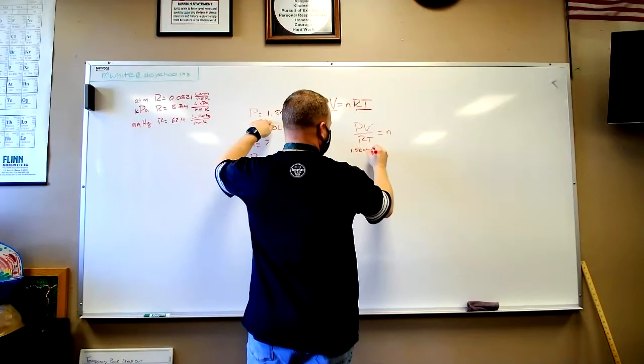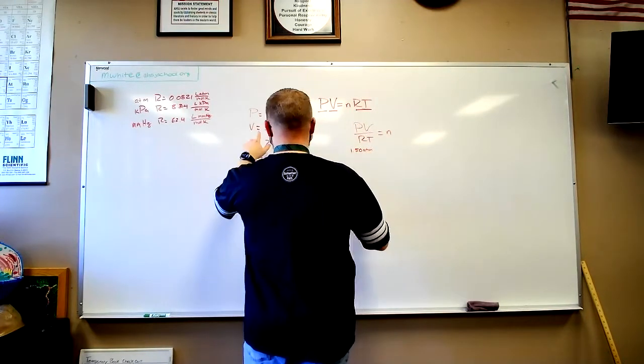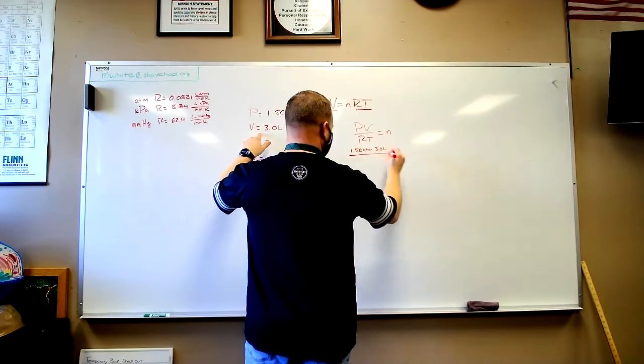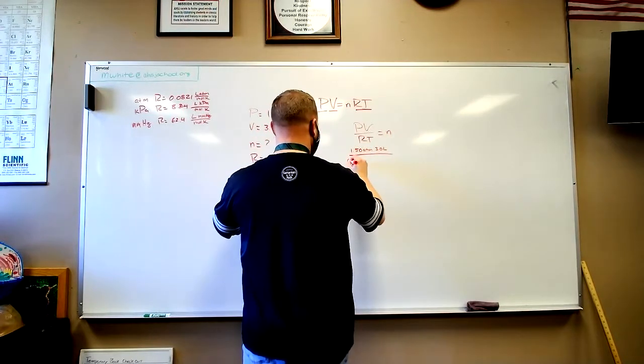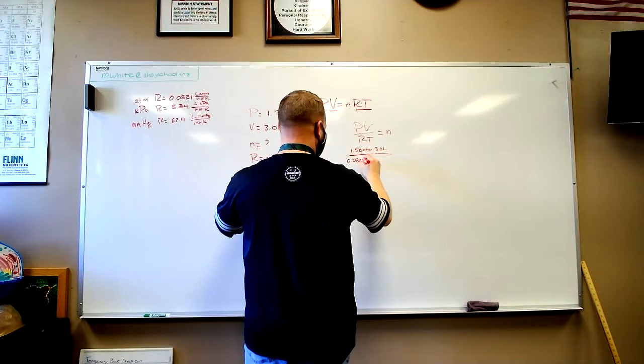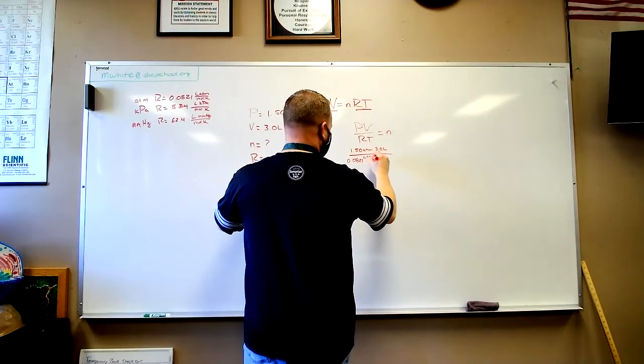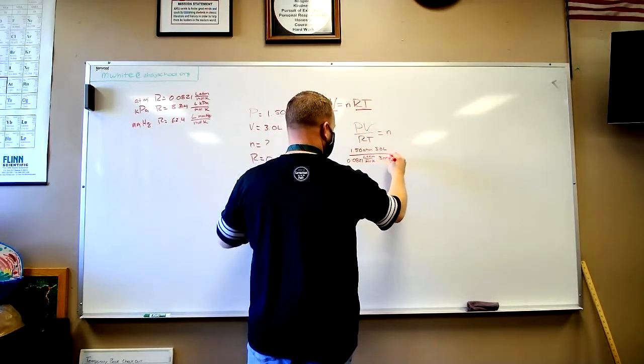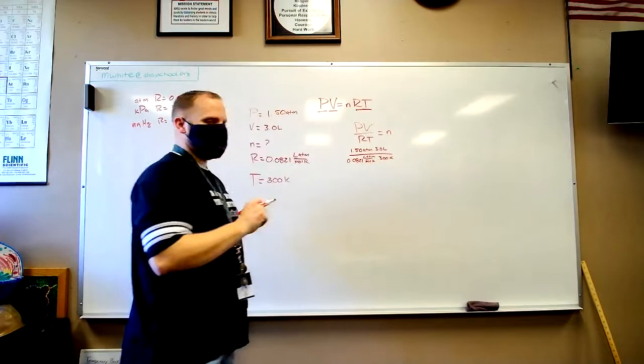So 1.50 atmosphere times 3.0 liters divided by 0.0821 liter atmosphere over mole Kelvin times 300 Kelvin. Let's cancel out some units.